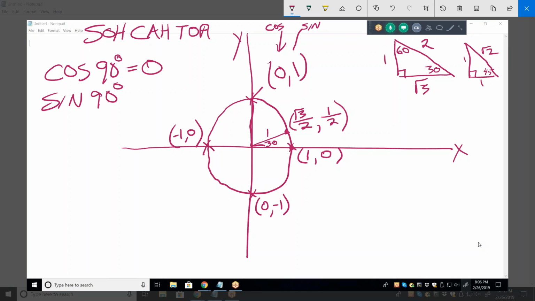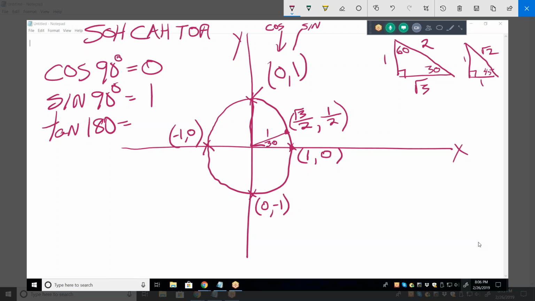Let's read 32 to me. Just read them off. Sine 90. Oh, that was the second one. You're going to answer all of these. What's the next one? Tan 180. Now, what do we know about tan? We know tan is sine over cosine.